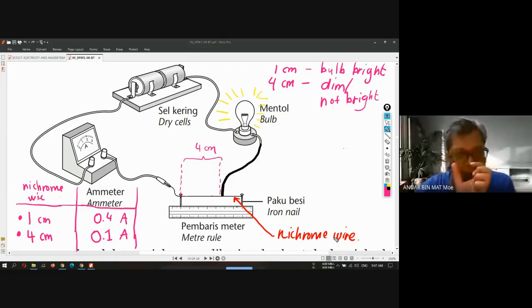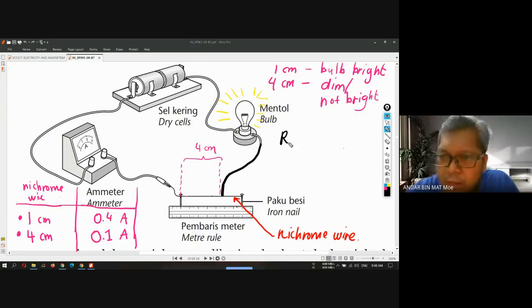It still can conduct electricity, but if you use it longer, it will resist more current. This is the material inside the nichrome wire.